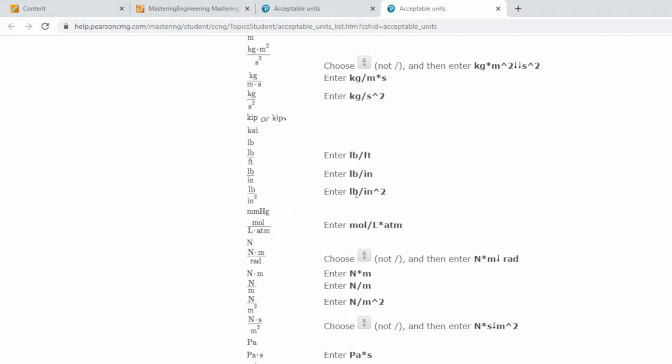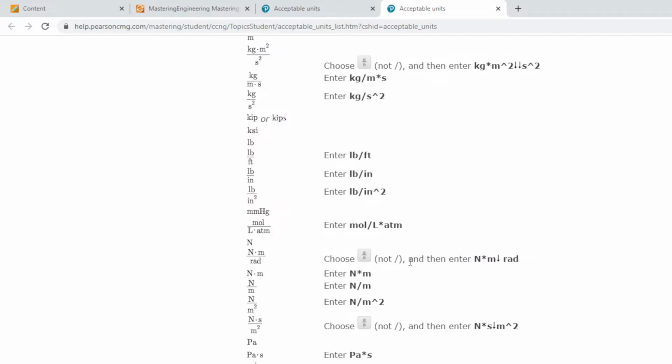Like, sometimes you can enter a unit and it doesn't count off for it, and then other times it does count off for it. Sometimes you enter a unit, it's like, we don't understand this unit, try again. And then also, if you put in the wrong unit, it's like, no, you're wrong. And you can't tell whether it's just the unit or the number. Oh.